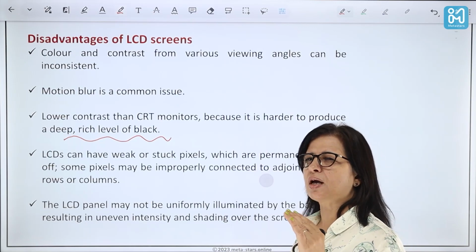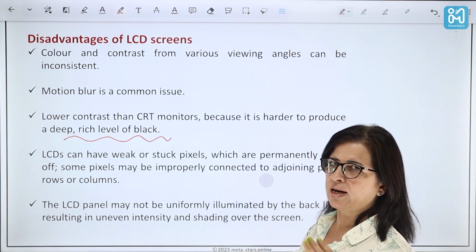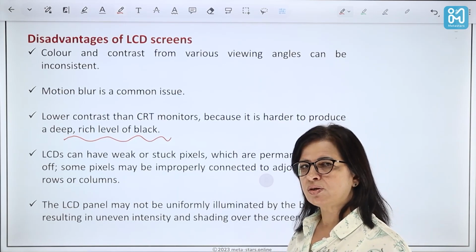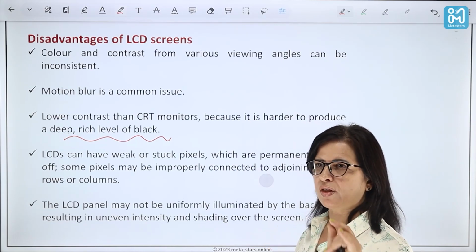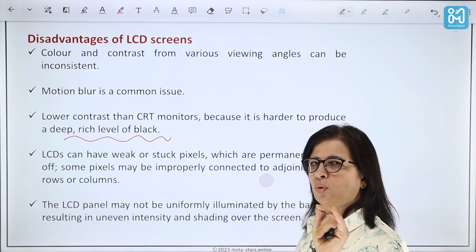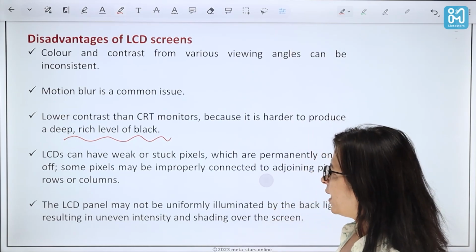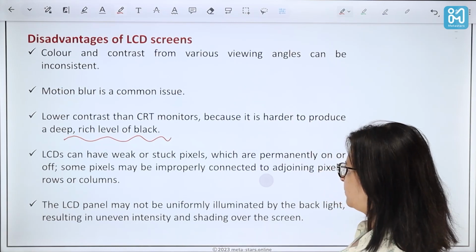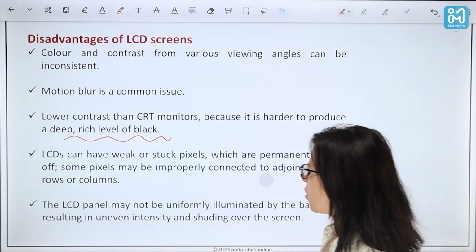Sometimes it comes as a deep level of gray, not pure black. While with CRT monitors, the presence or absence of the electron beam will produce black or white. LCD can have weak or stuck pixels, which are permanently on or off.